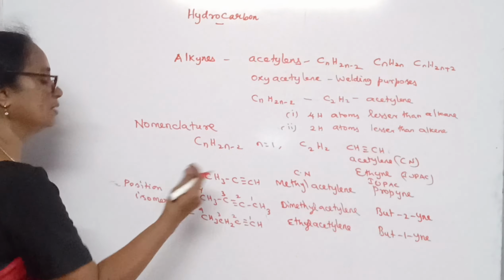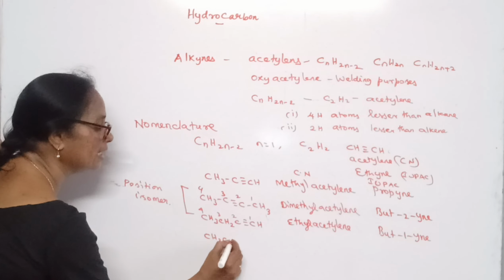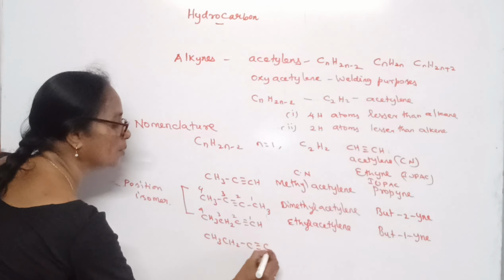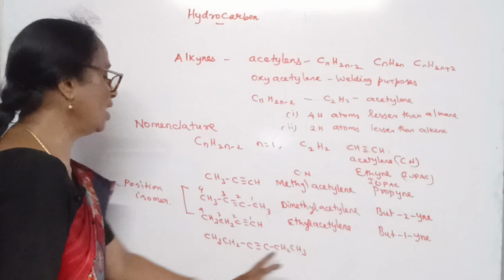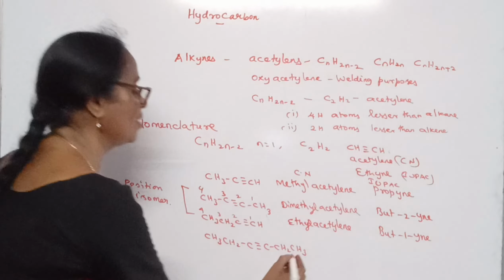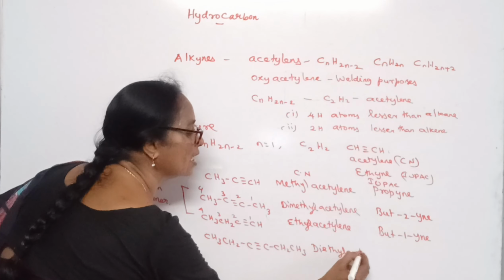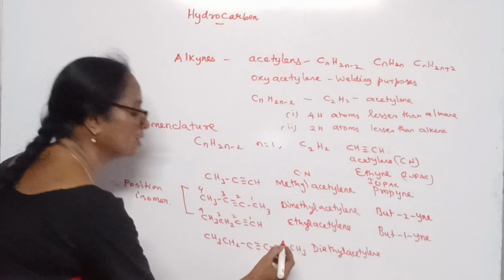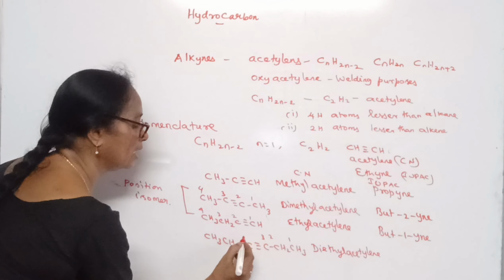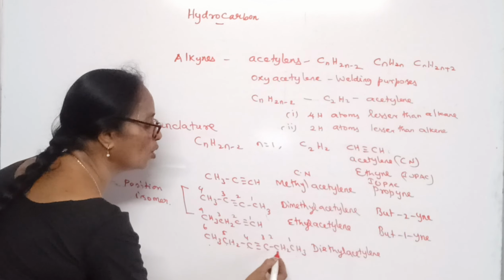And we can have the ethyl group in place of one hydrogen. So we can write CH3CH2C≡CCH2CH3. See that we have 2 ethyl groups. So we can write diethyl acetylene for its common name. But for the IUPAC name, let us start the numbering 1, 2, 3, 4, 5, 6, or 1, 2, 3, 4, 5, 6.